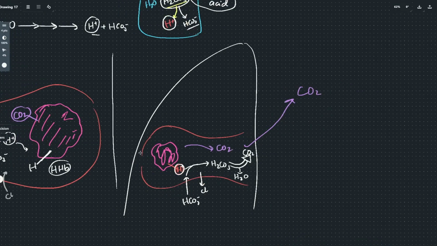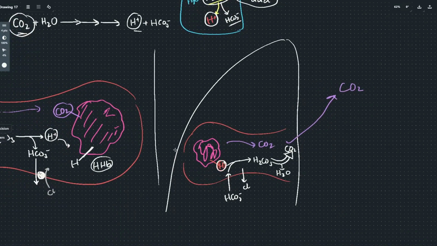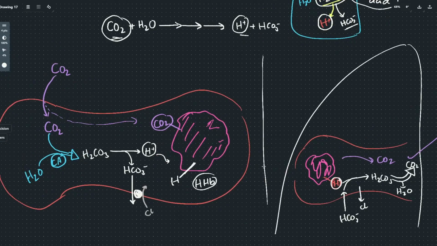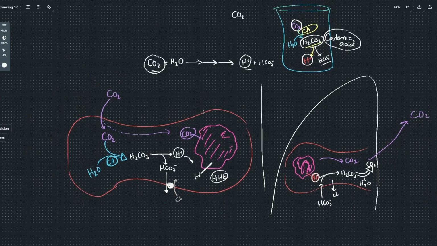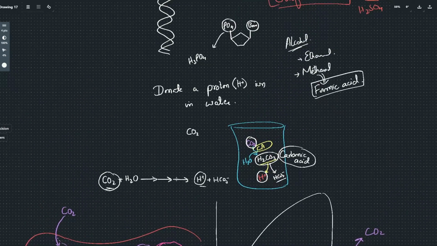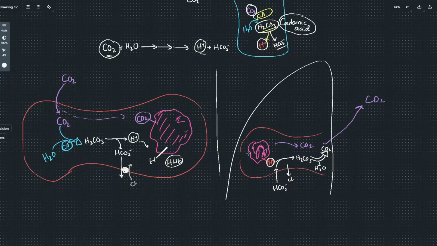So you see that the interesting thing happening here is that CO2, and by virtue of CO2, H2CO3, the carbonic acid, both of them have this remarkable ability, this luxury that they can be exhaled out.